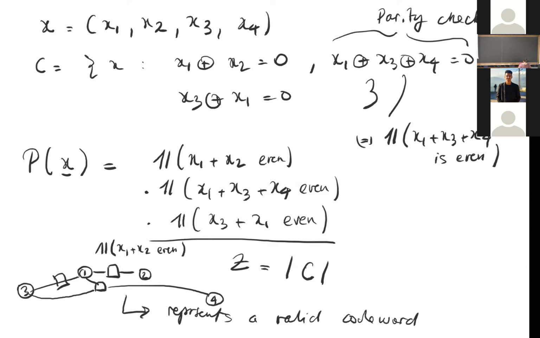So now the question here: what we wrote is a representation of what is a valid code word. It's the factor graph associated to what is a valid code word.